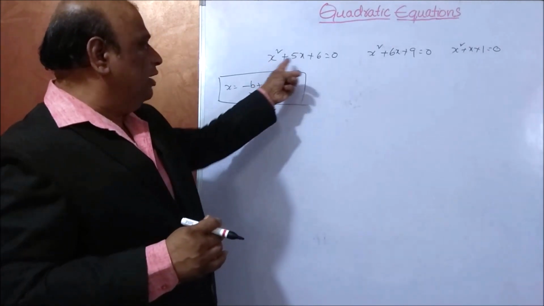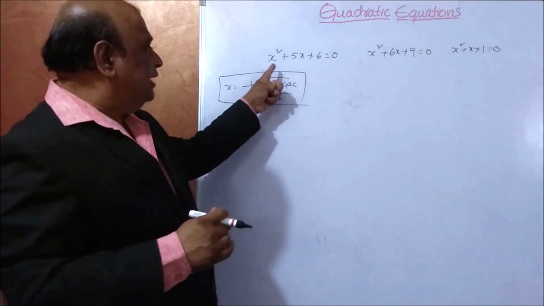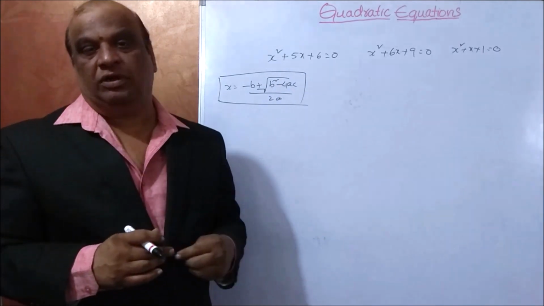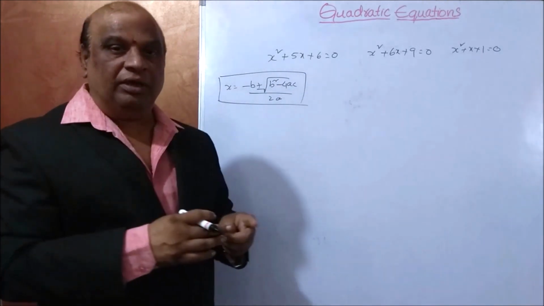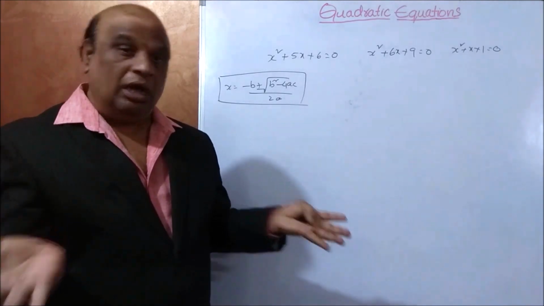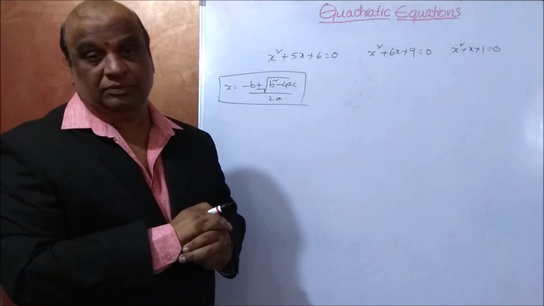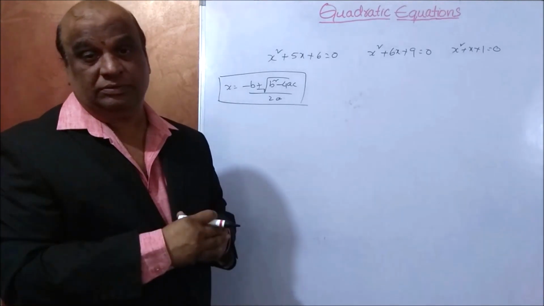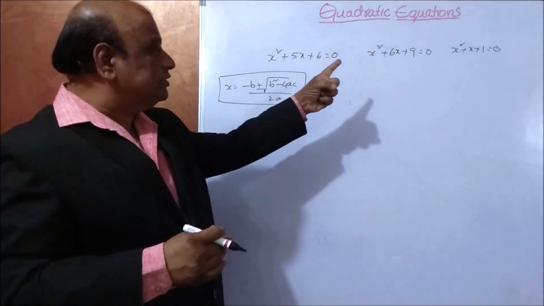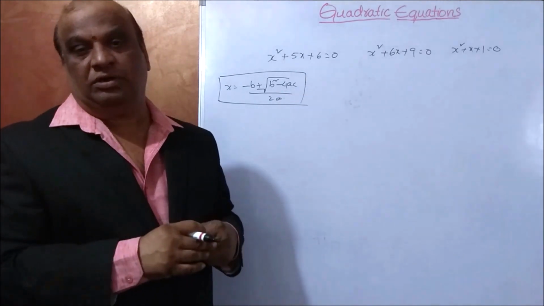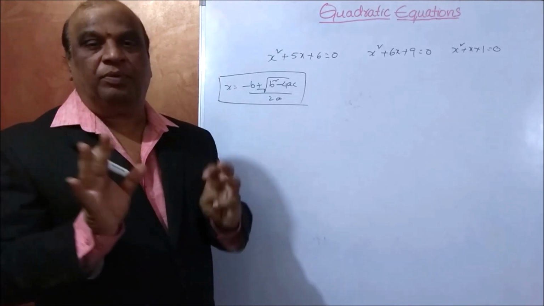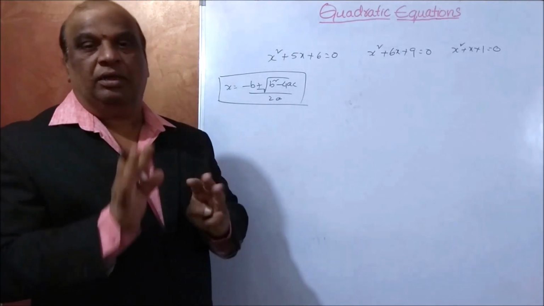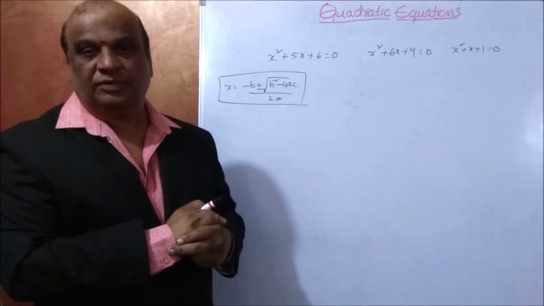Suppose I give examples here. x square plus 5x plus 6 is equal to 0. Whether it has two different roots or equal roots or no real roots. Same, x square plus 6x plus 9 is equal to 0 also. So this is the important topic, a very interesting topic also.